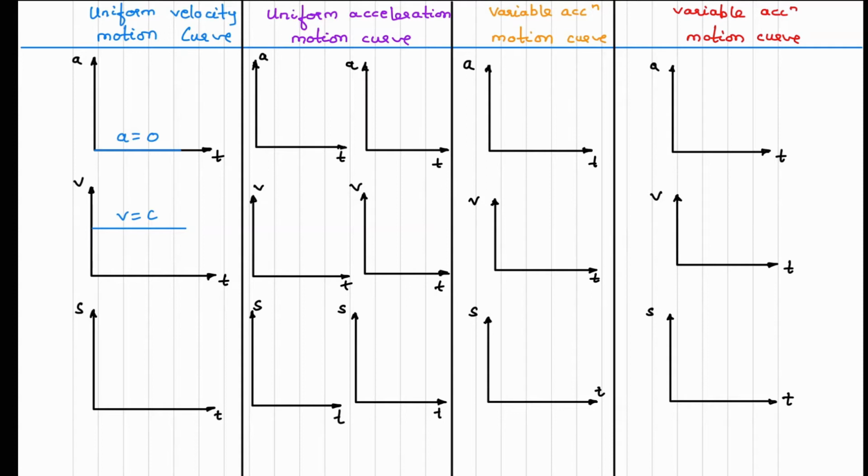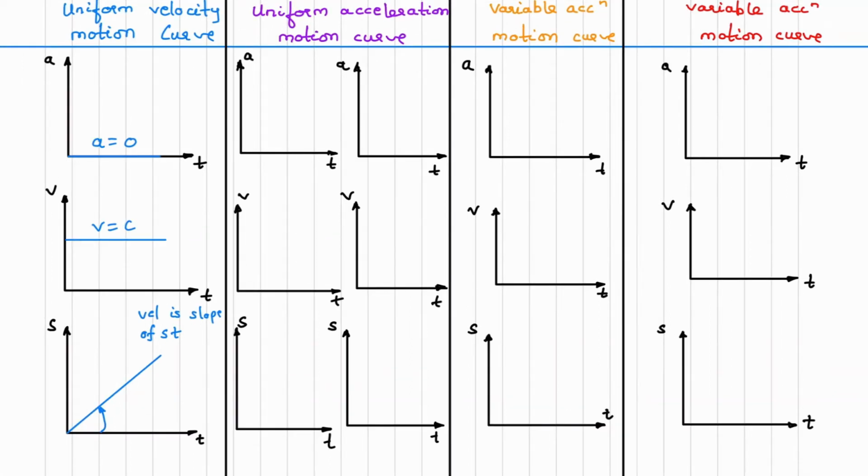So velocity is the slope of ST. Now since velocity is constant, the ST diagram will be like this. Since velocity is positive, slope will be positive. So that is why this theta is in positive direction. Theta is positive, but it is having the same value. Slope is what? Constant.